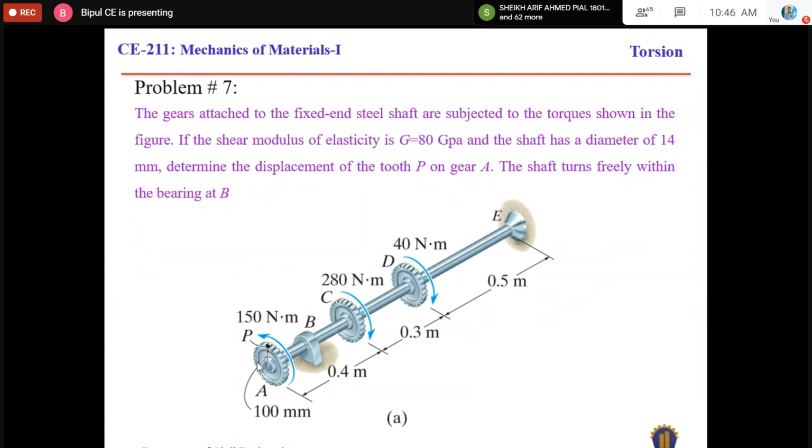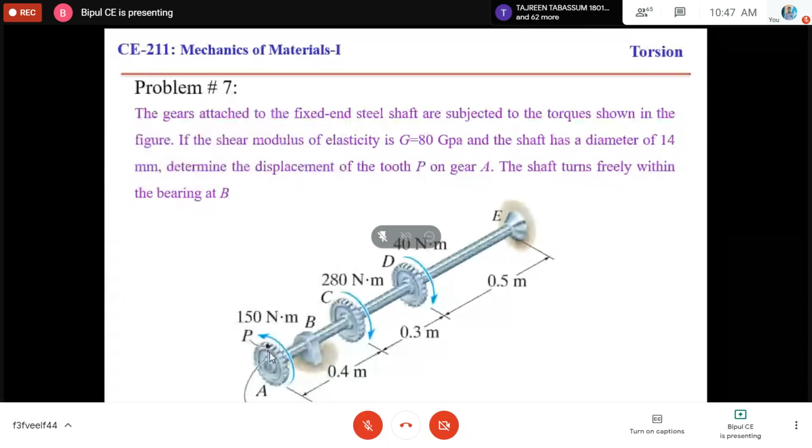So this gear will be rotated by an amount of 0.21 radian. So this point will also be shifted, or this tooth will be displaced. If we want to determine the displacement, the total displacement will be rho theta.